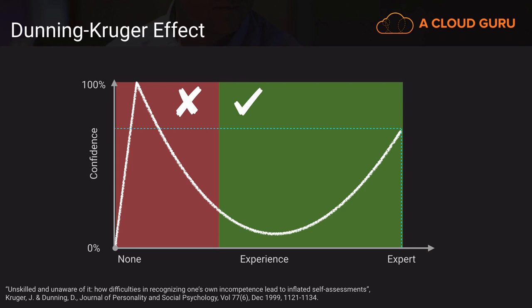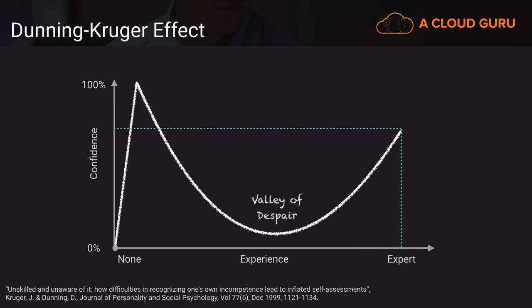Now, there's a part of the Dunning-Kruger effect that you may run into yourself as you're preparing for the exam, and it's called the Valley of Despair. And basically what that means is as you learn more, you realize that there is so much more that you need to learn. And I just wanted to let you know that this is very common for CSA Pro students.